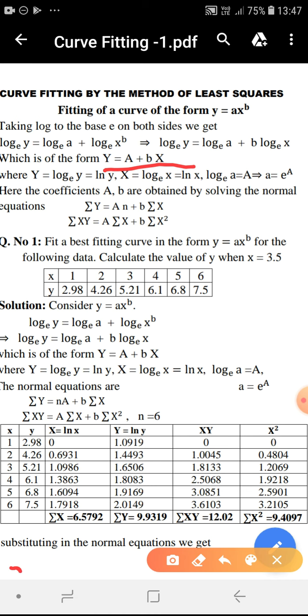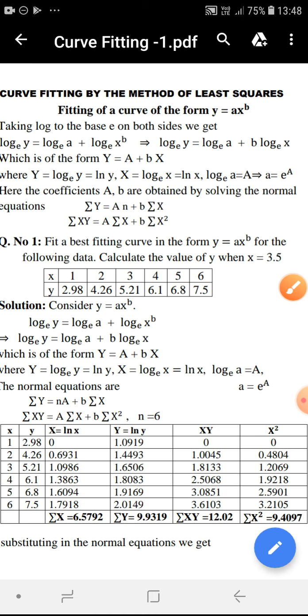You get the first normal equation as sigma capital Y equal to A into summation 1, which means n, plus b into summation capital X. Then for the second normal equation, attach summation capital X to the equation Y equal to A plus bX. So the left side will be summation capital X into Y equal to capital A into summation X plus b into summation capital X square.